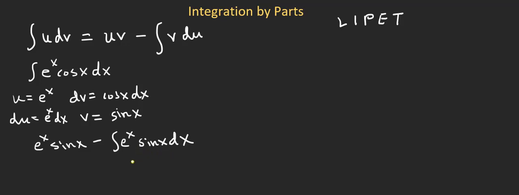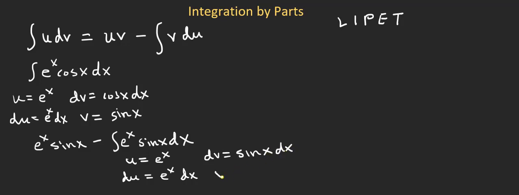So we have to say u equal to e to the x, and du is e to the x dx, and dv is sine x dx. What is v? It's going to be negative cosine x.